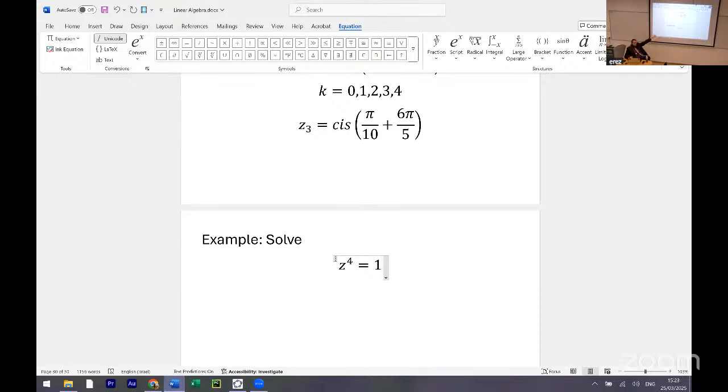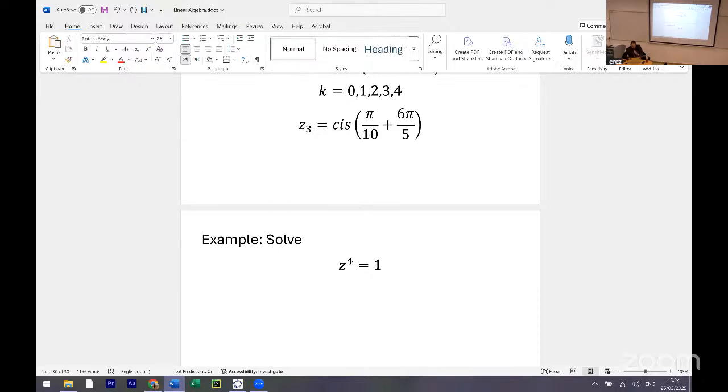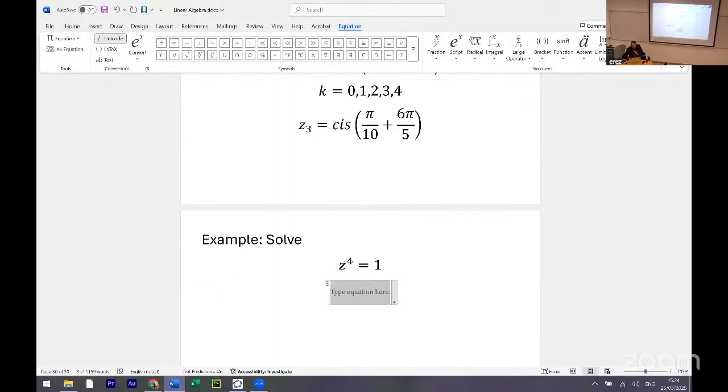What 2 solutions to z to the 4th equals 1 do you know? -1 and 1. Yes, so obviously -1 and 1 will be 2 of the answers, and you'll get 2 more. That's exactly what will happen. I was thinking like the cube root of 27 or something, but okay.